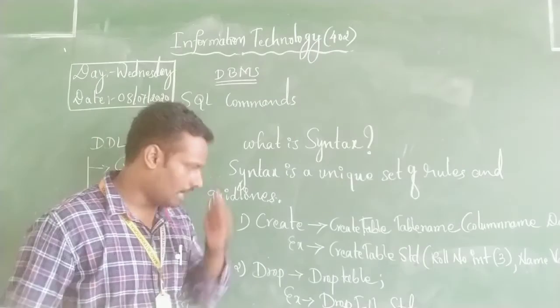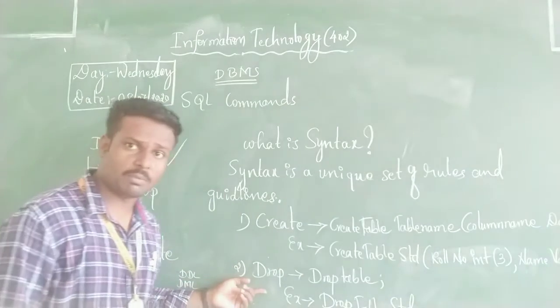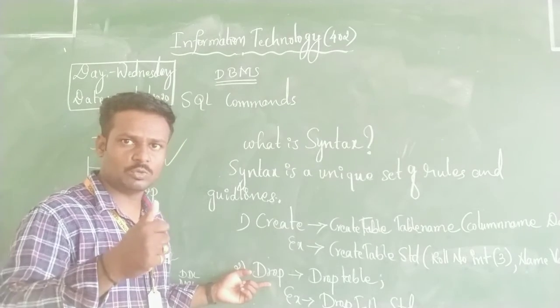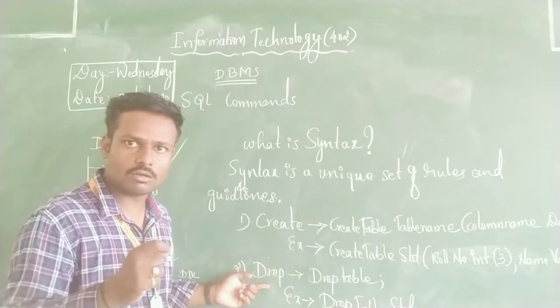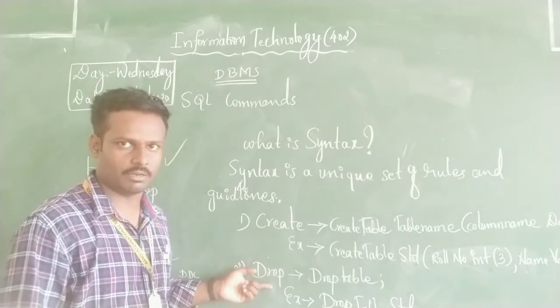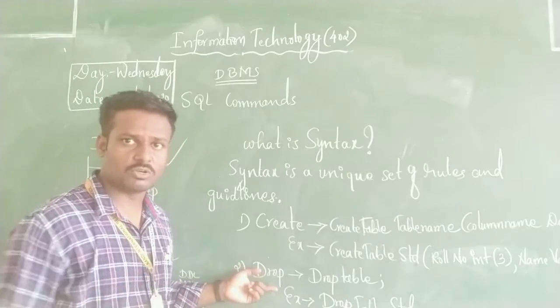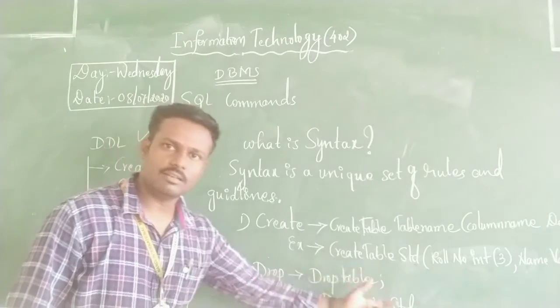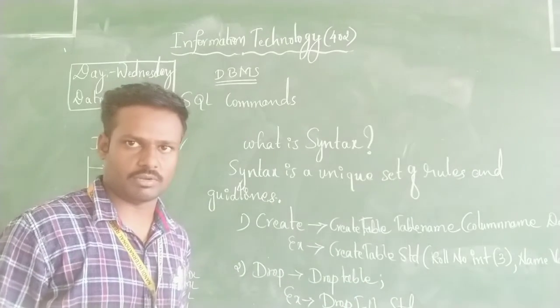One more command we have is the drop command. We already know that the drop command is used to delete the structure or the entire record from the table, right? So what is the syntax of the drop command? Drop table and then the table name you have to specify.